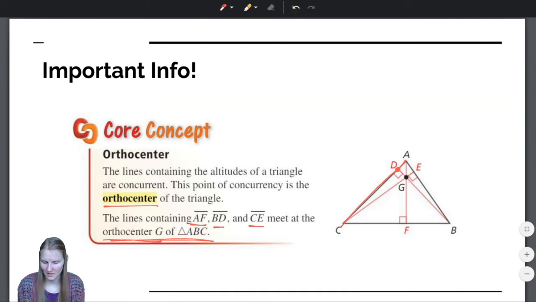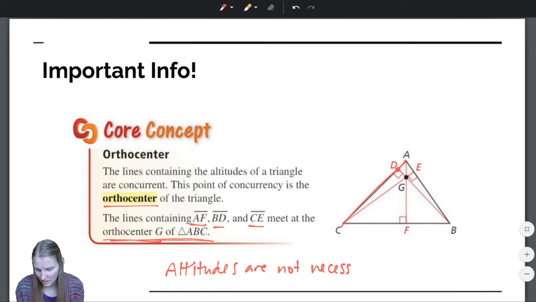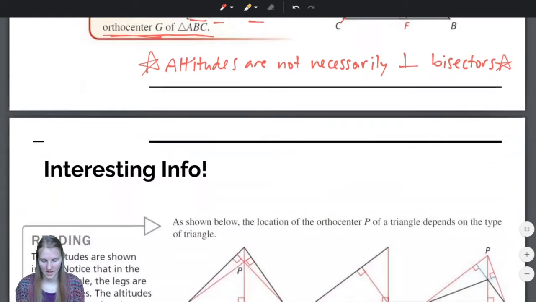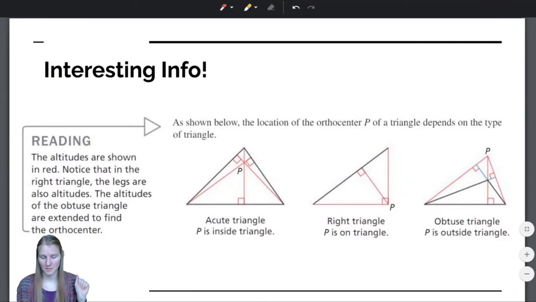So you can tell that altitudes are not necessarily perpendicular bisectors. Not necessarily. And that's important, because sometimes people get them mixed up. Okay, some interesting information.